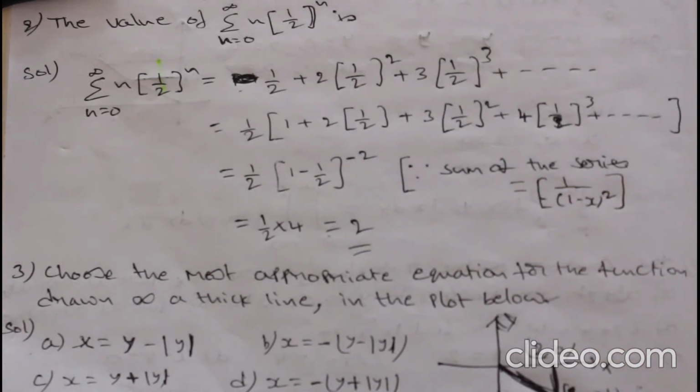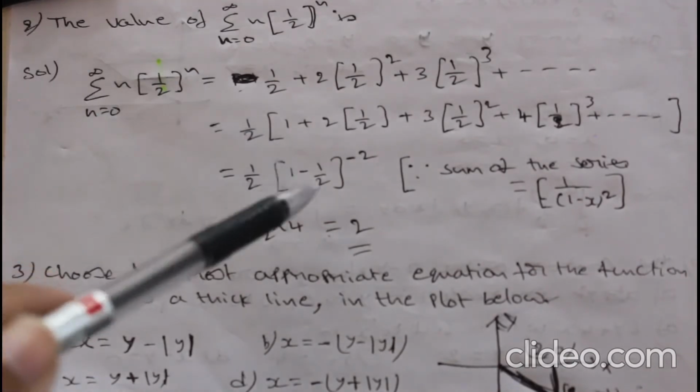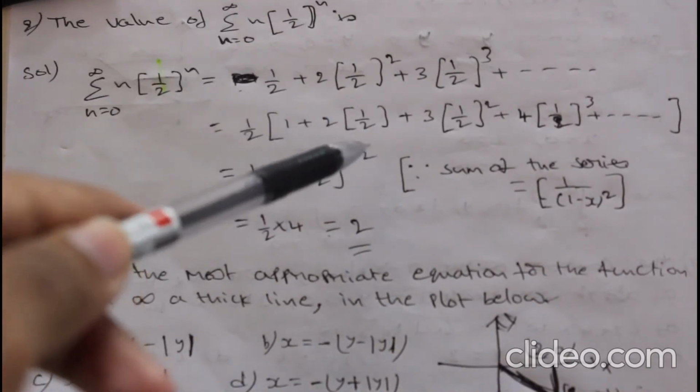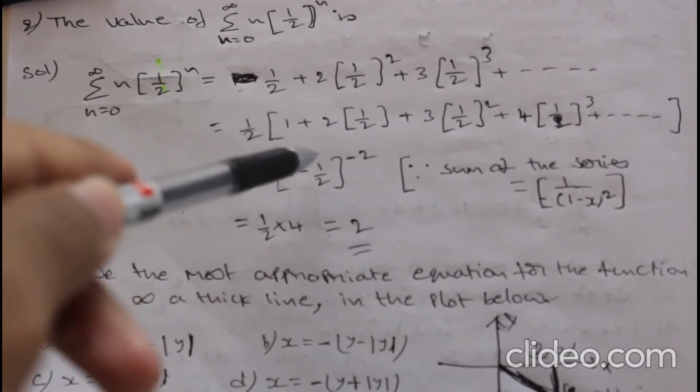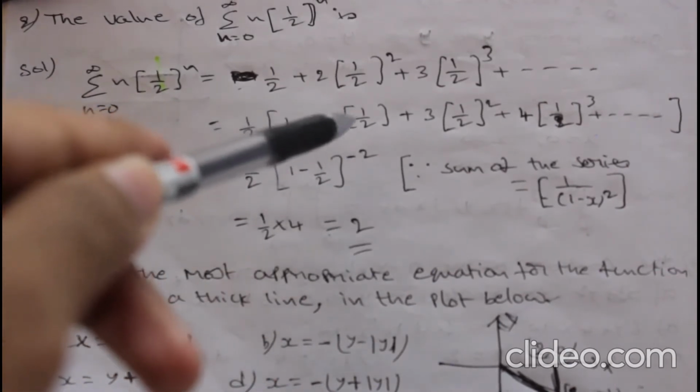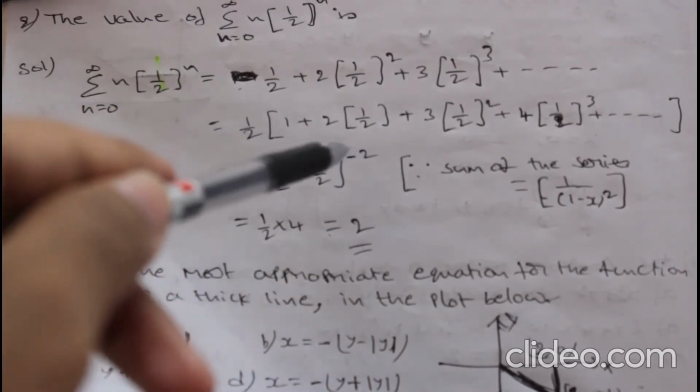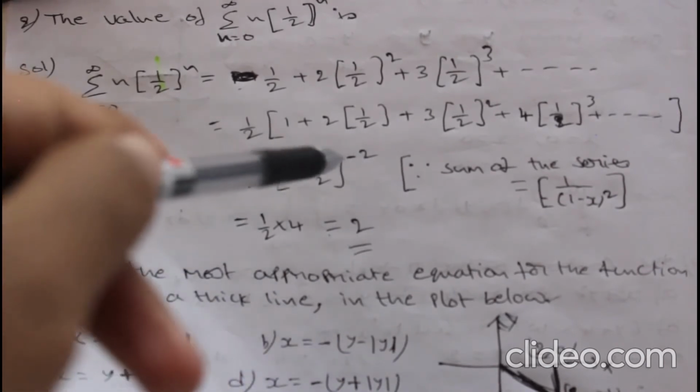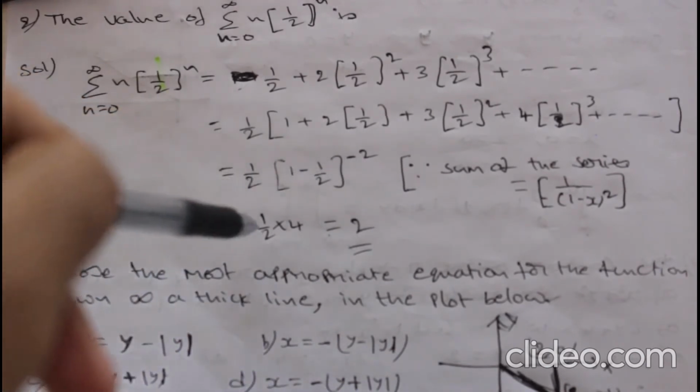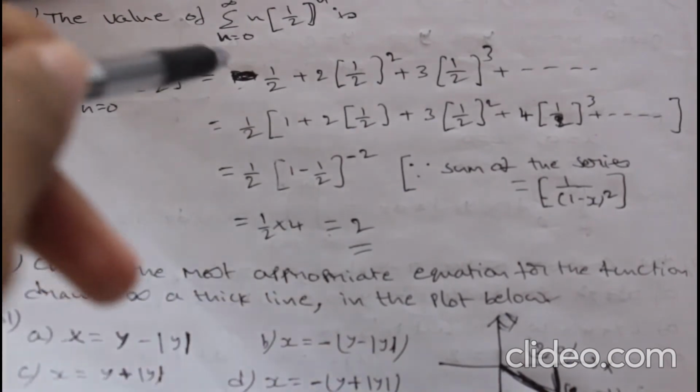For this series, the sum will be 1 by (1 minus x)^2. Here minus 2 power we are taking, so (1 minus x)^-2 is nothing but (1 minus 1/2)^-2. After calculating that, 1/2 into 4, that is equal to 2. So 2 will be the answer.